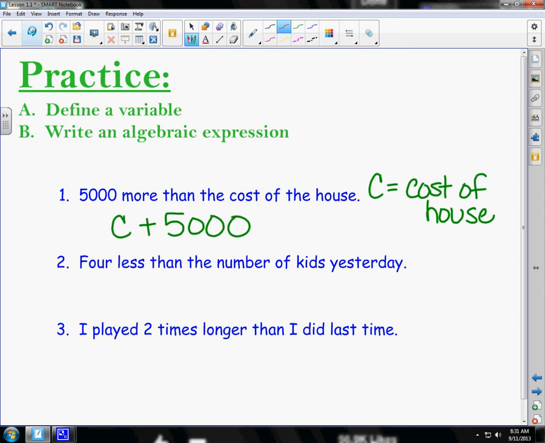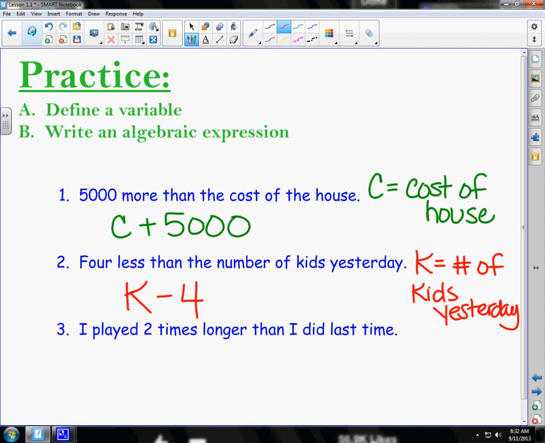4 less than the number of kids yesterday. K is going to equal the number of kids yesterday. So this would be like in my class, how many kids I had yesterday. And it would be 4 less. So you start with K and you minus 4. Let's say you had 20, and then you minus 4.